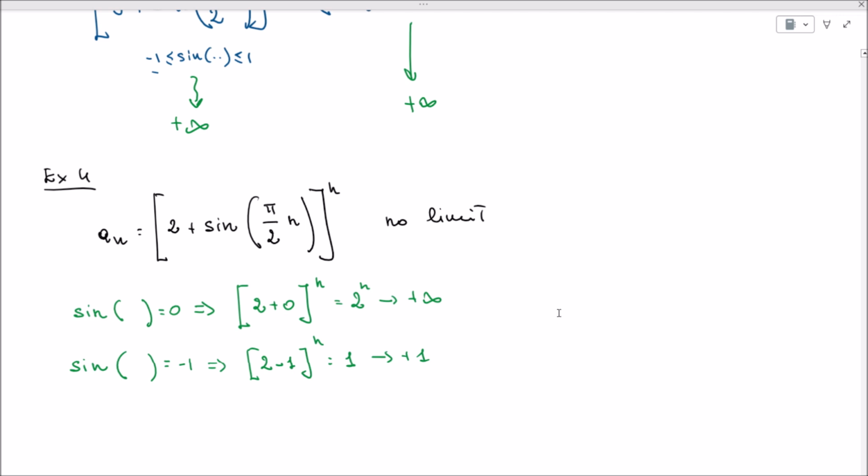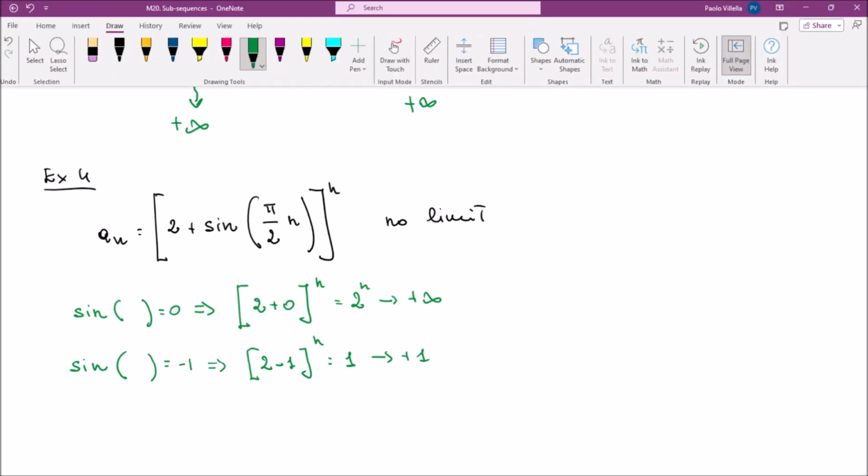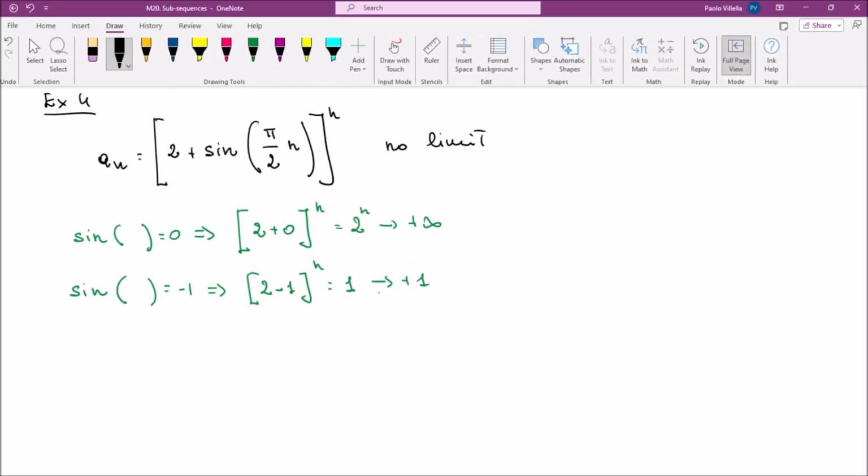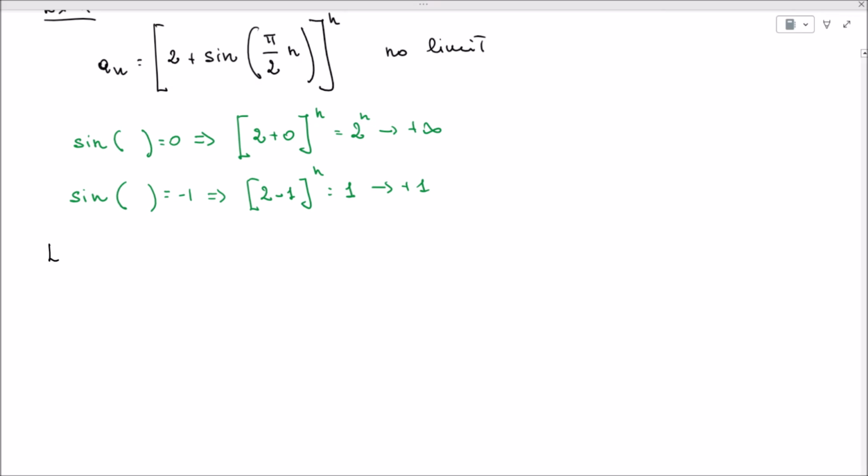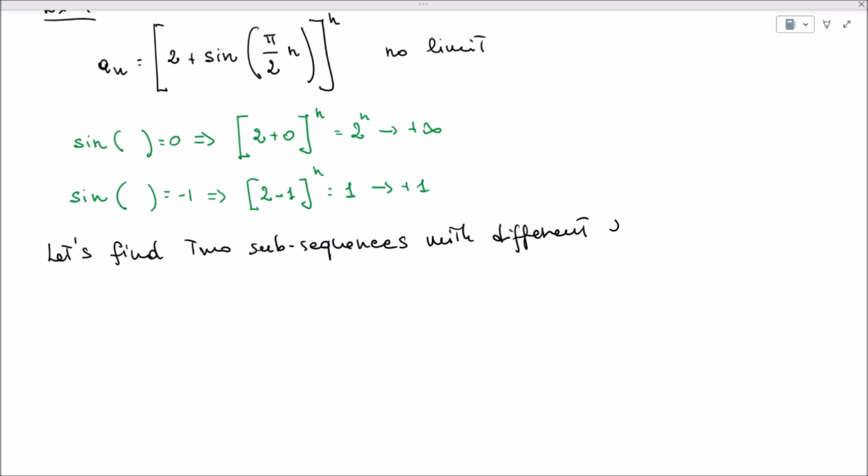Okay, now let's try to be more formal. We know what is the way. We want to find 2 subsequences with different limits.